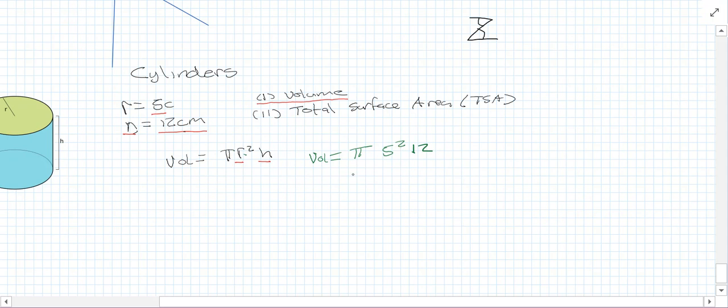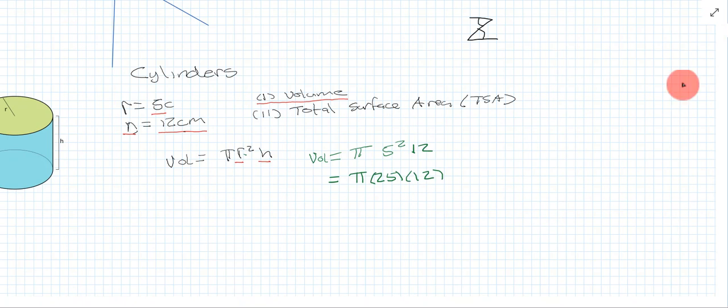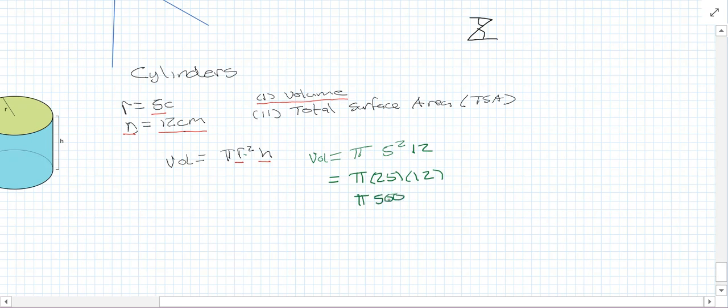So what we can do then is just work this out. This is going to be pi times, so 5 5s are 25, so it's pi times 25 multiplied by 12. 25 times 12 is 300, so that's pi times 300.